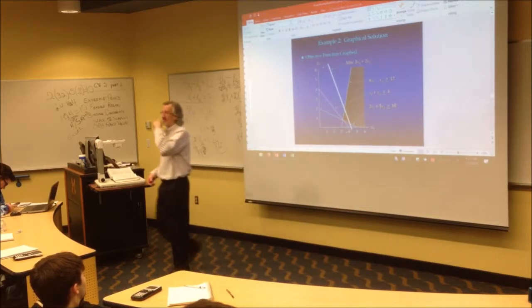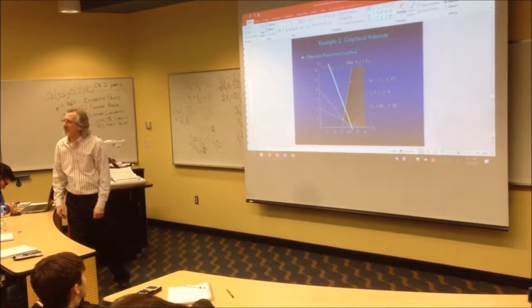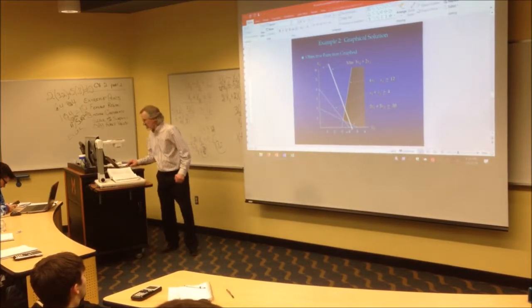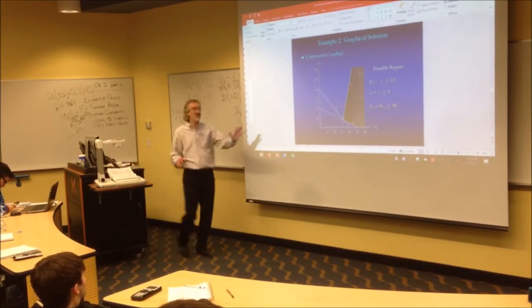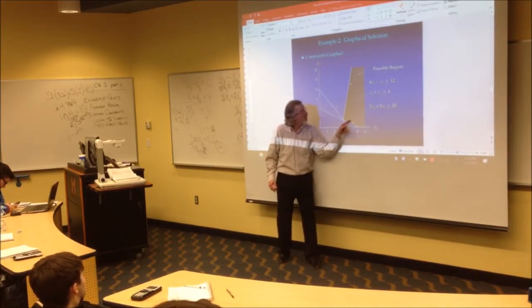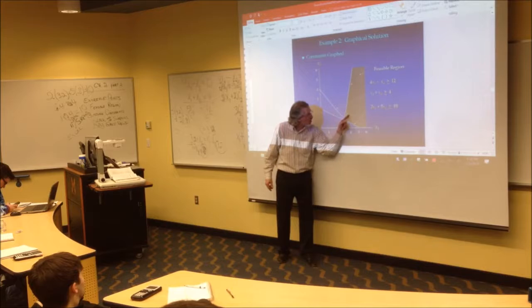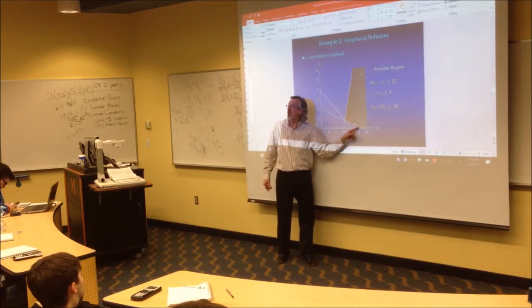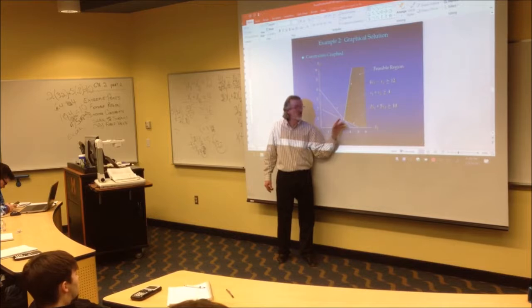Could you please repeat how to find the binding and non-binding constraints, please? Yeah. We get all of these graphs and we shade in the direction. And then we figure out where the feasible region is, because that's where all three shades overlap. And then you can see there's extreme points, is what they're called, that are touching the feasible region where two lines are crossing.